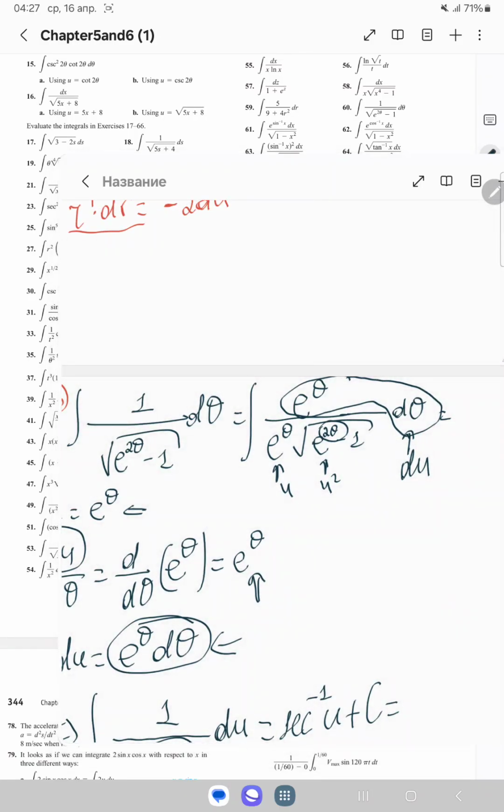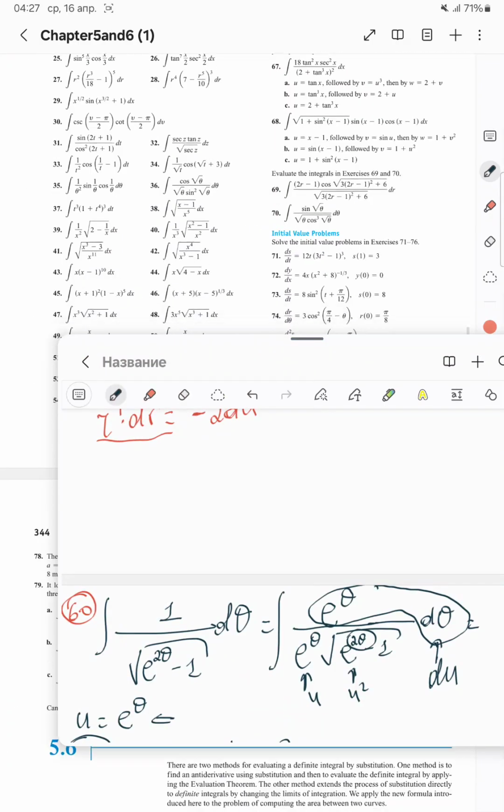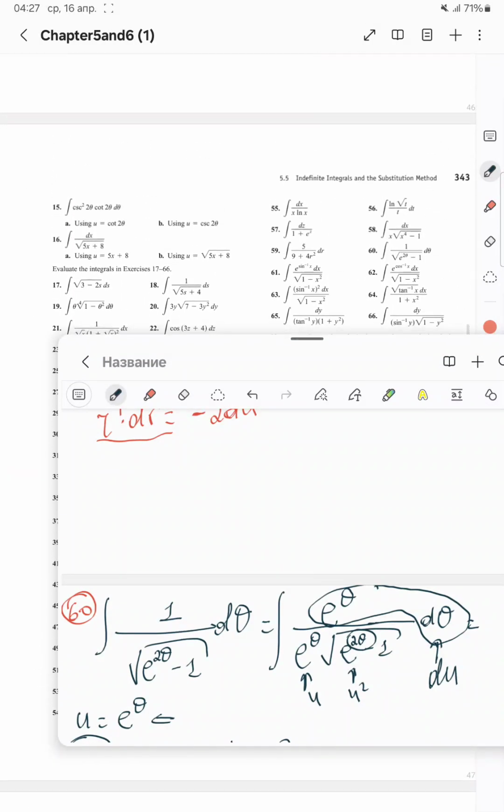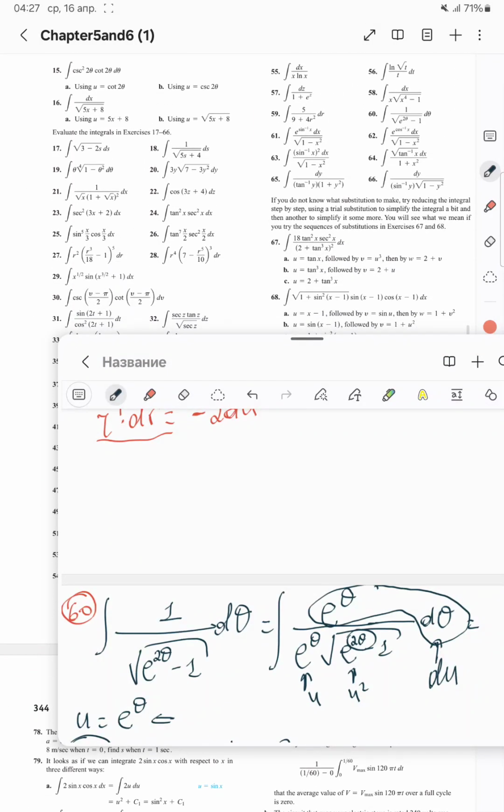Probably you will have a lot of questions here, but I cannot solve all the questions. If you ask specific questions, I will be more than glad to solve them and help you understand the substitution rule.